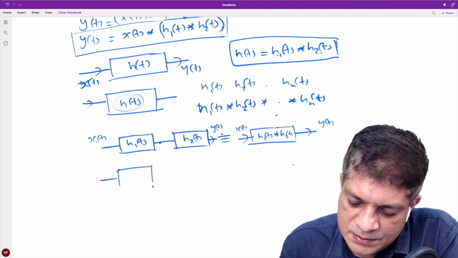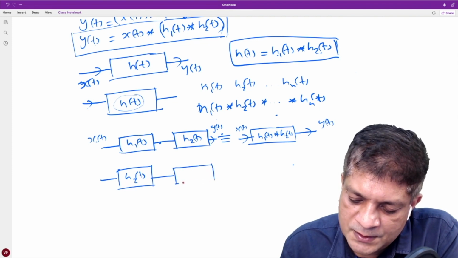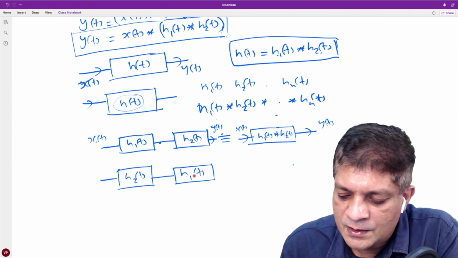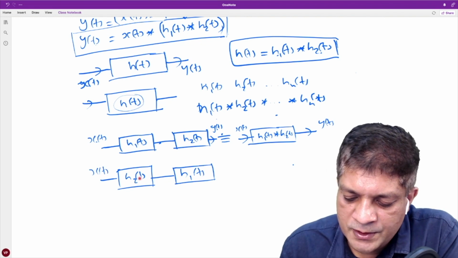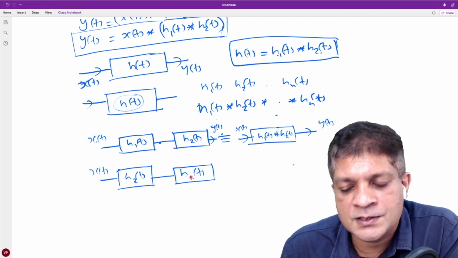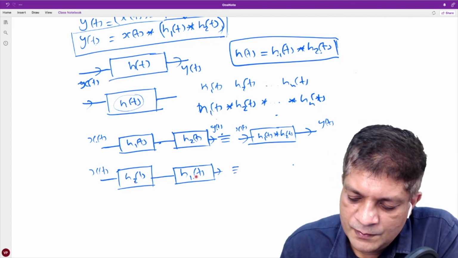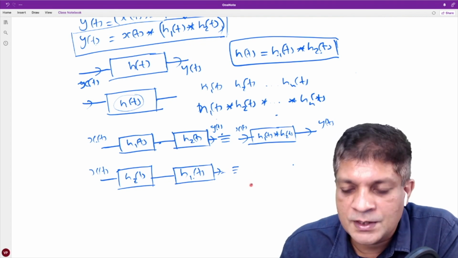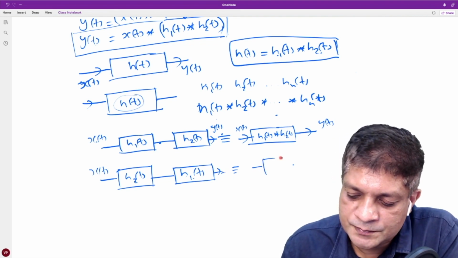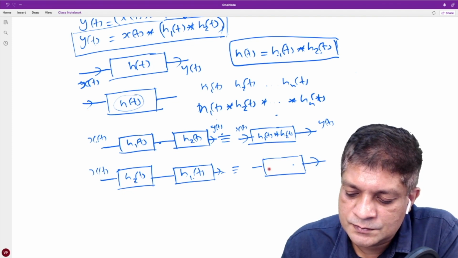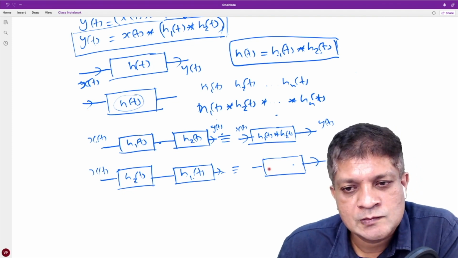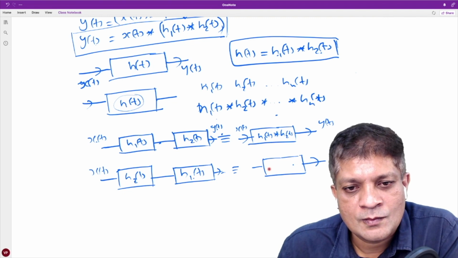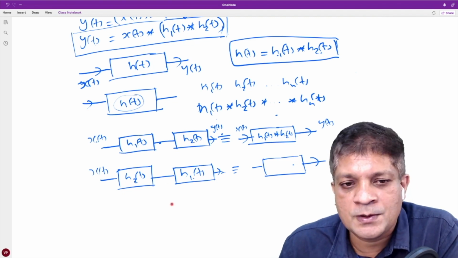Now what about this? I am interchanging the order of the systems. First the signal is passed through h2(t), then h1(t). Then what is the impulse response of the equivalent system?